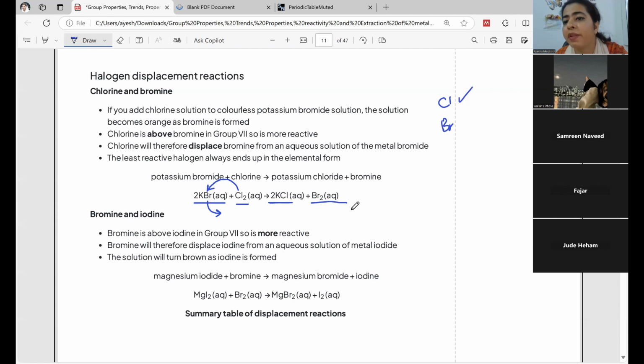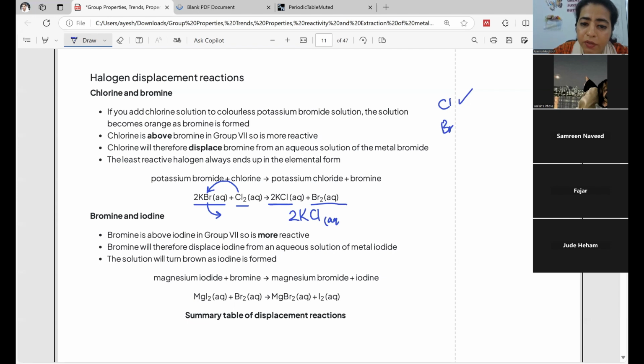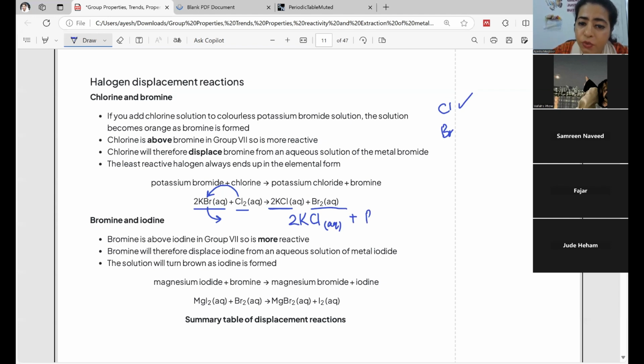How can the question come in the exam? They can directly ask you for the equation, or they can give you an equation and ask if it's possible or not. Let me give you one equation. Let's say we have 2KCl aqueous with Br2 aqueous, because all are in solution so that they can replace each other easily.